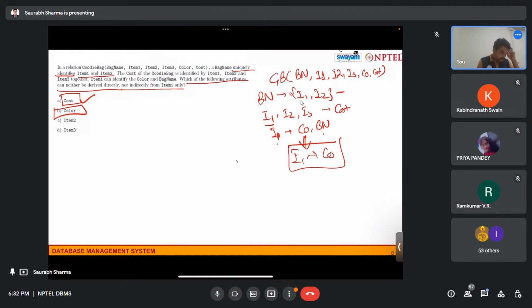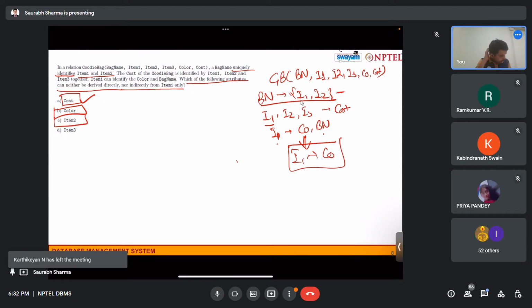Then coming to the next option, item 2, is there any dependency between item 1 and item 2? I don't think so. There is no functional dependency of item 2 on item 1, so it is not the answer. Now coming to the D option, item 3, can we derive item 3? So let's check for it.